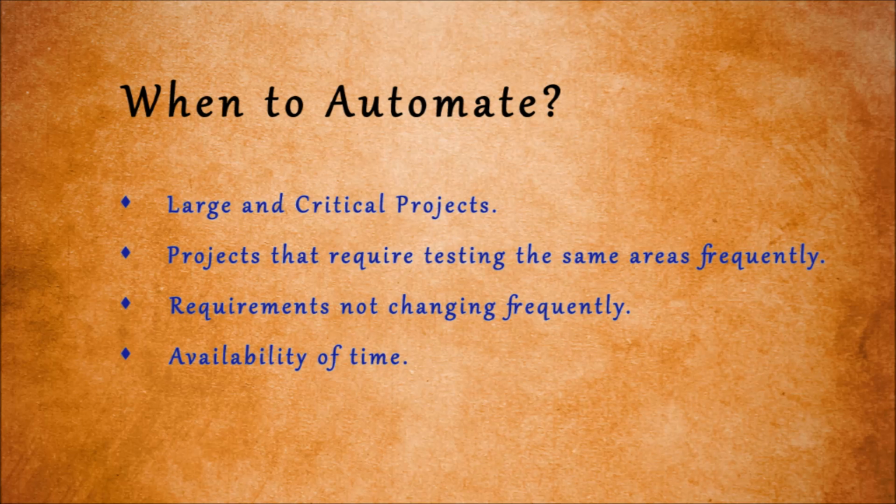Next one, when to automate. Large and critical projects that require testing the same areas frequently, requirements not changing frequently, stable software with respect to manual testing, availability of time.